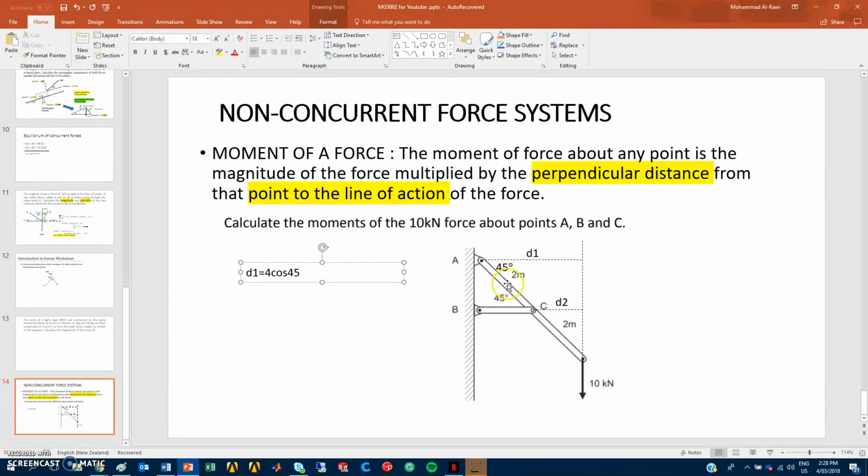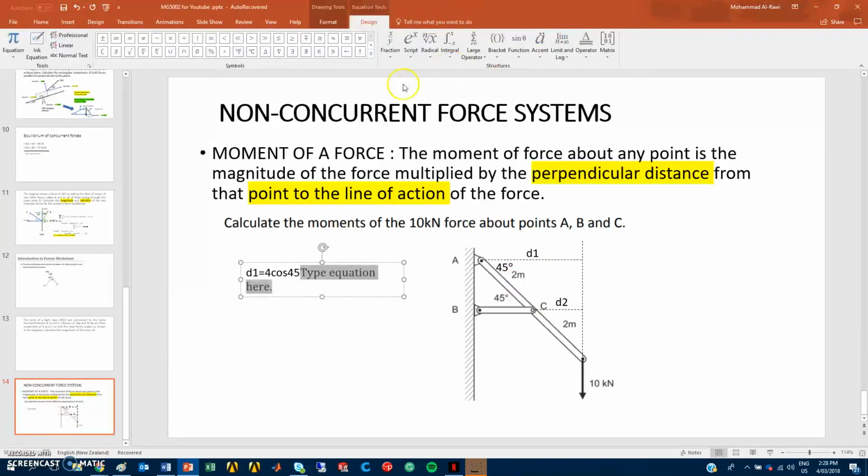Now you may ask, why cosine? Because I'm trying to find D1. I insert the angle in degrees. If I use my calculator, it's very easy. Cosine 45 is 0.707, times 4. That will be 2.8 meters.